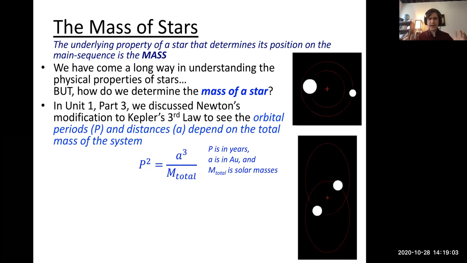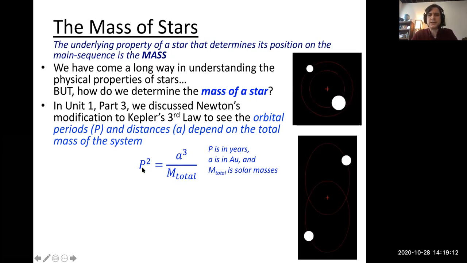So let's remind ourselves, what is Newton's modification to Kepler's third law? I've put it here on the screen for us to take a look at. It's that the period squared equals the semi-major axis cubed, the semi-major axis of either of these orbits, divided by the total mass of the system, the mass of one star plus the mass of the other star.